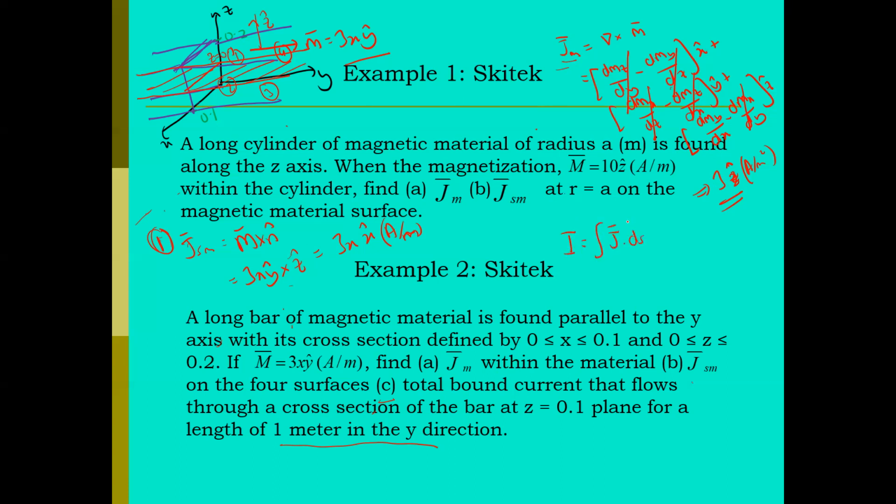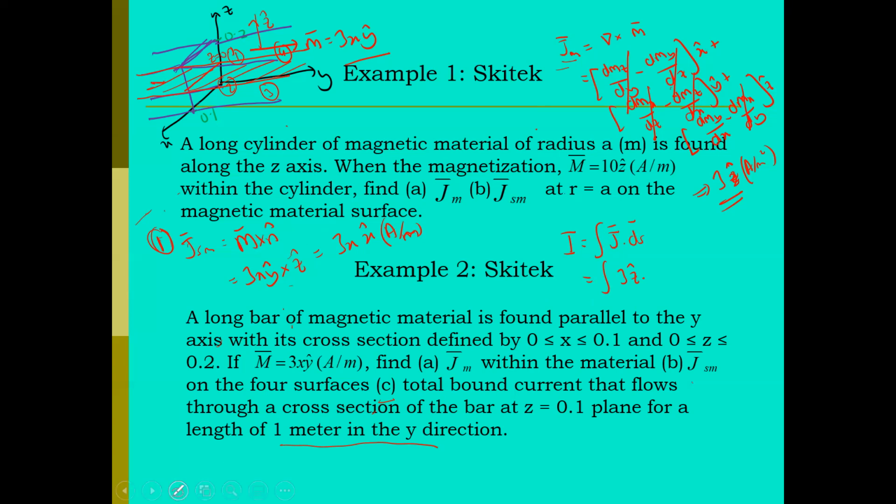We need to use this equation because it relates the volume current J and the total current I. In this particular case, our J is the Jm, so we use J equal to Jm, which is 3 in the direction of z. The ds needs to be based on the ds of this particular plane of z equals 0.1.